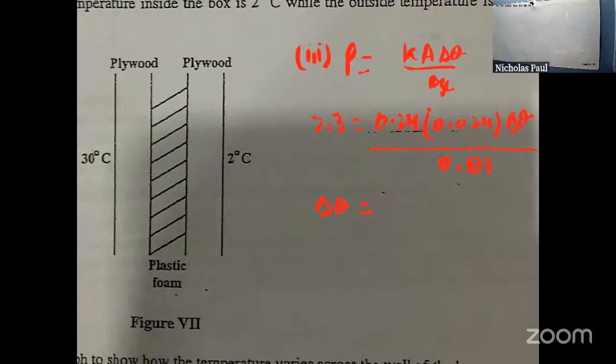Check it out. Yeah, I got 12.7. The temperature change is 12.7.